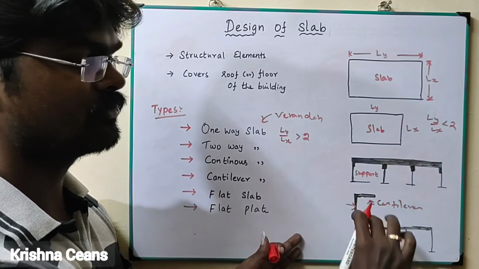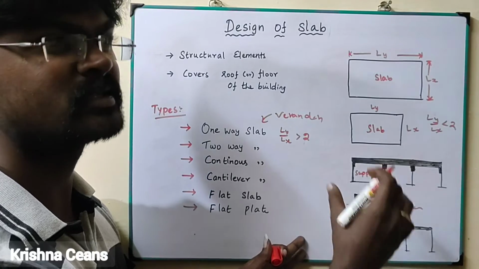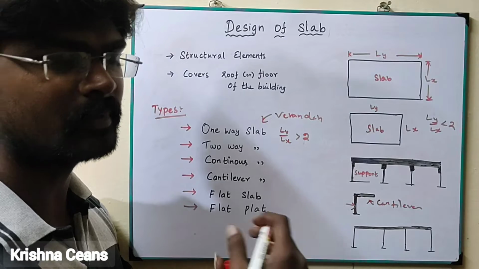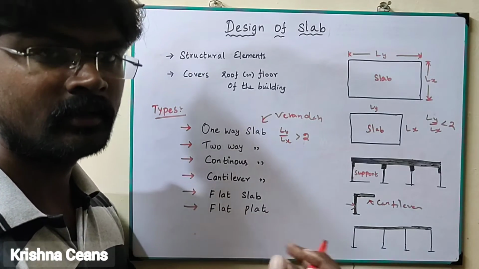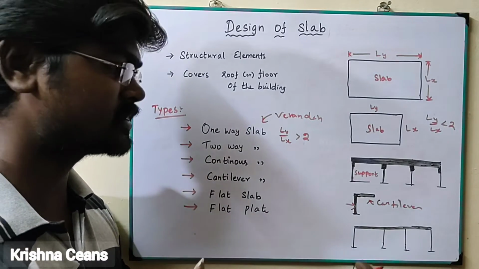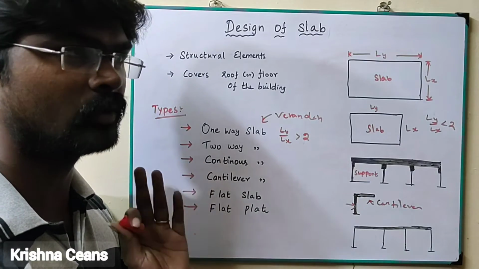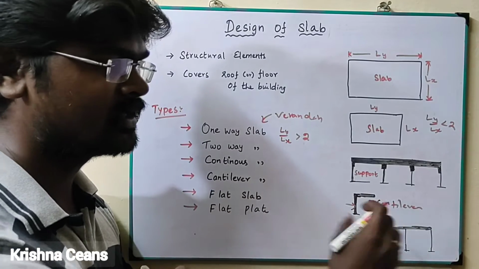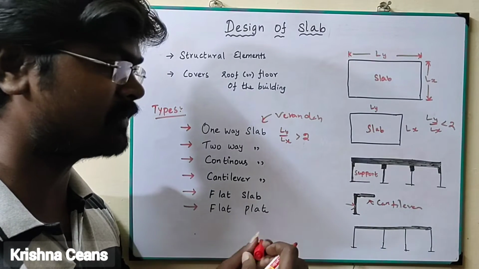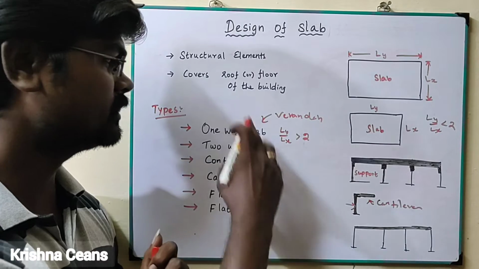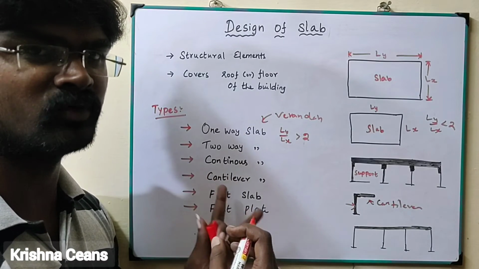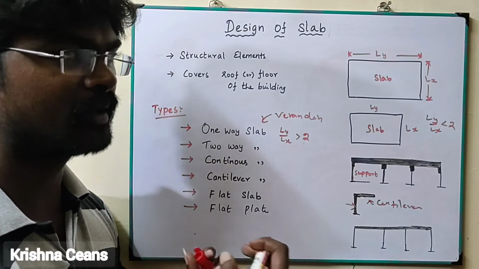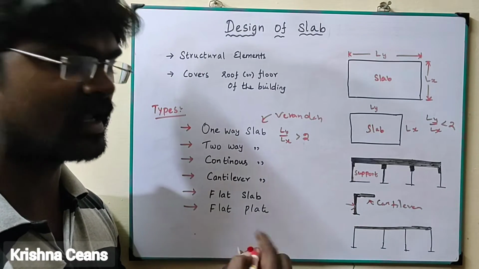It maximizes the utilization of the ceiling area and the height of the building, for elevation purposes. A flat plate is nothing but a slab whose thickness is very minimal compared to the flat slab. So these are the different types of slab: one-way slab, two-way slab, continuous slab, cantilever slab, flat slab, and flat plate.